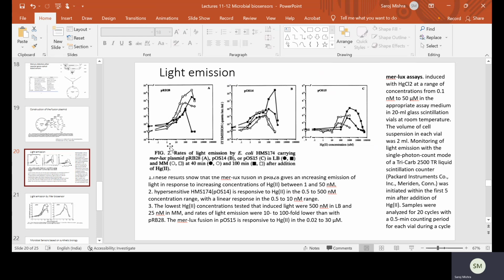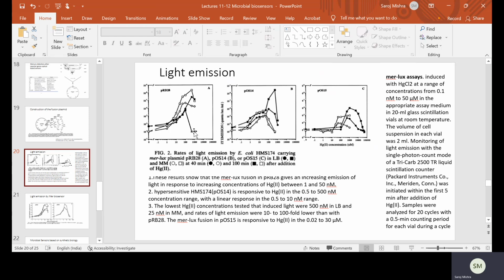So let me just explain to you, for example. In LB medium, the closed circle here and the closed square here are, for example, the data which are obtained from this particular recombinant when it is cultivated in the LB medium. What is the difference between the circle and the square?